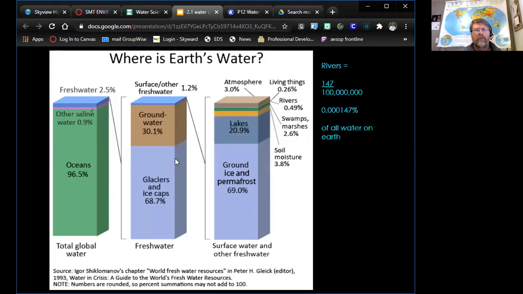So we talked about measurement and about these numbers. When we look at all the water on the Earth, and the Earth really does have a lot of water in it, 96% of it is in oceans. And when we add in other saltwater sources, we're up to 97%.